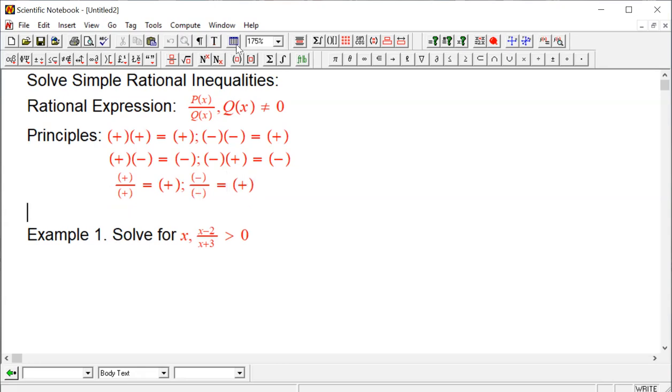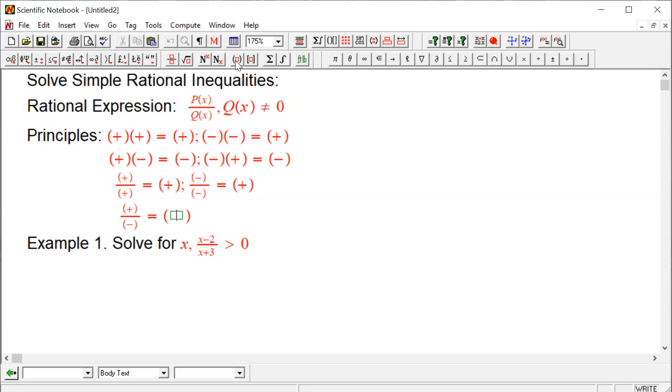These are similar situations. If we have a positive divided by a negative, the quotient will be negative. And if we have a negative divided by a positive, of course, it's going to be negative.